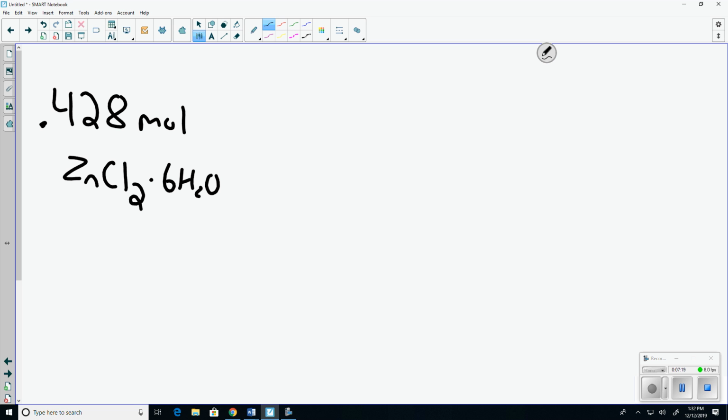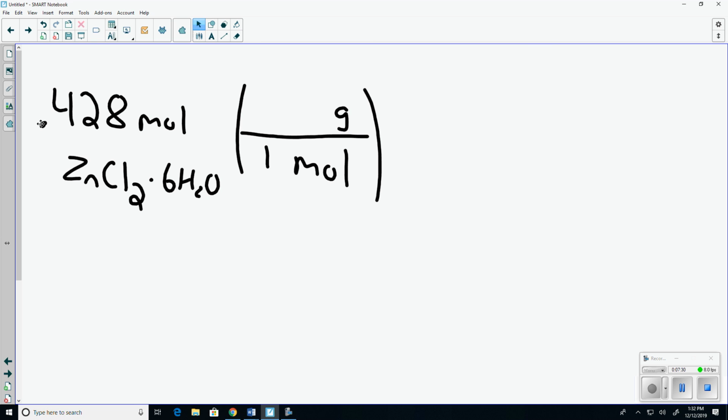Now, what this question is asking for is to convert from moles to mass, which means grams. So that means grams is on the top, 1 mole is on the bottom. Just like when I introduced polyatomic ions to you, the tricky part is we have to figure out the molar mass. Otherwise, this is the same type of conversions we've always done. Okay?